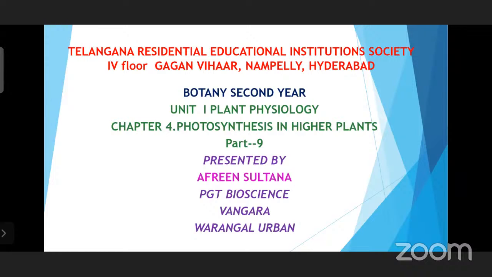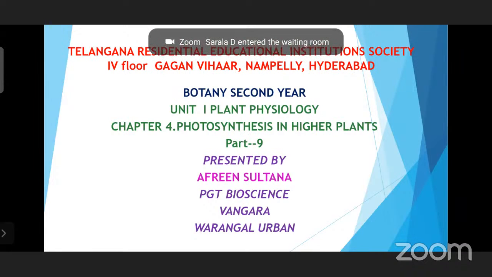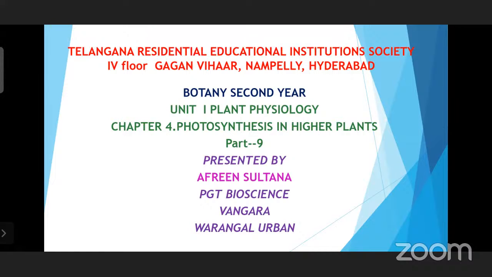When oxygen concentration is increasing and temperature is high, photorespiration starts, and in this photorespiration, the yield of photosynthesis will be decreasing.